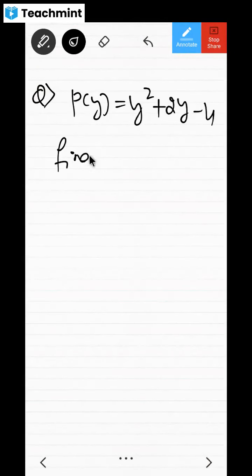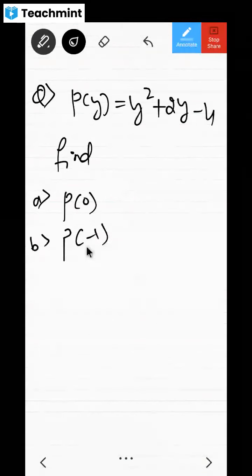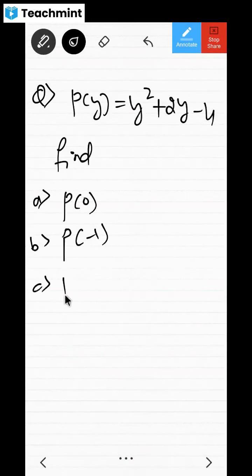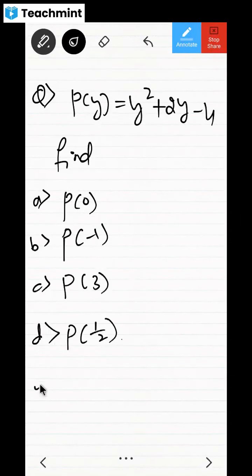Find A, P of 0, B, P of minus 1, C, P of 3, and D, P of 1 by 2. And E, minus. Please don't talk. Turn off your mics. I don't want any disturbance. Yes? Find all these values.